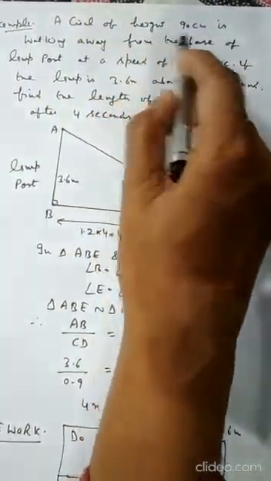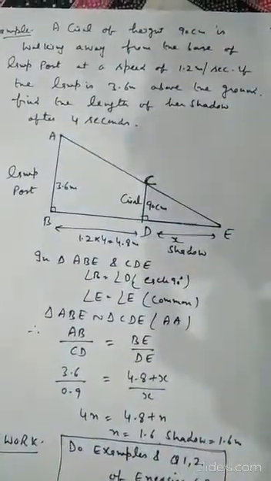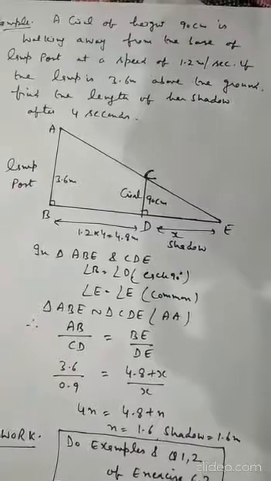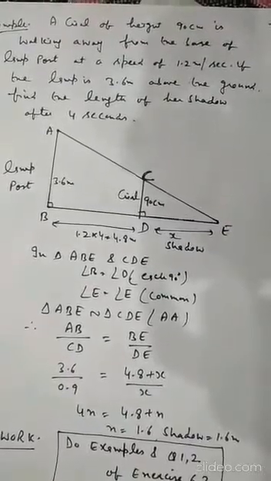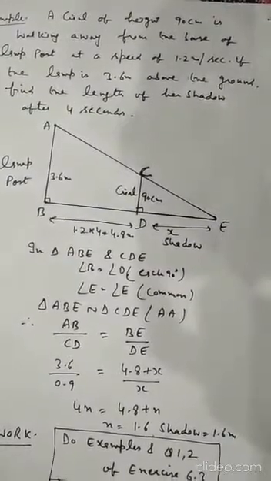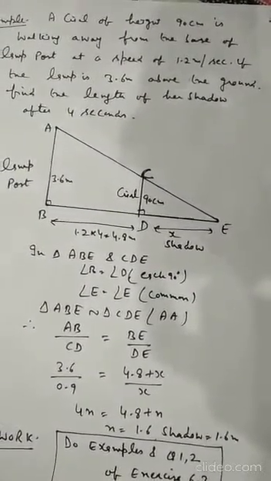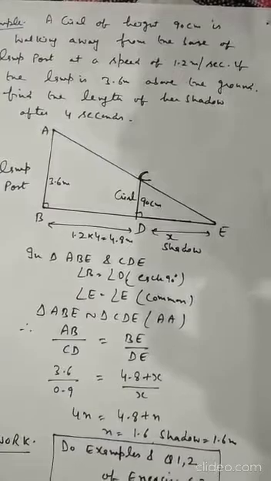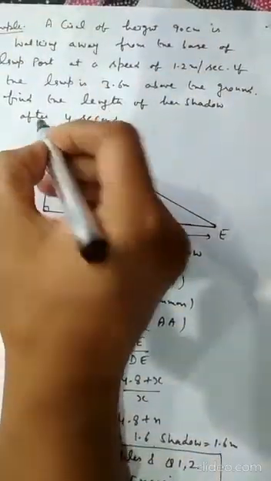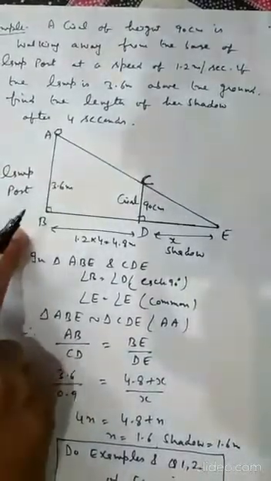Let's discuss one more important example. A girl of height 90 centimeter is walking away from the base of a lamp post at a speed of 1.2 meter per second. If the lamp is 3.6 meter above the ground, find the length of her shadow after 4 seconds. So this is the lamp post of height 3.6.